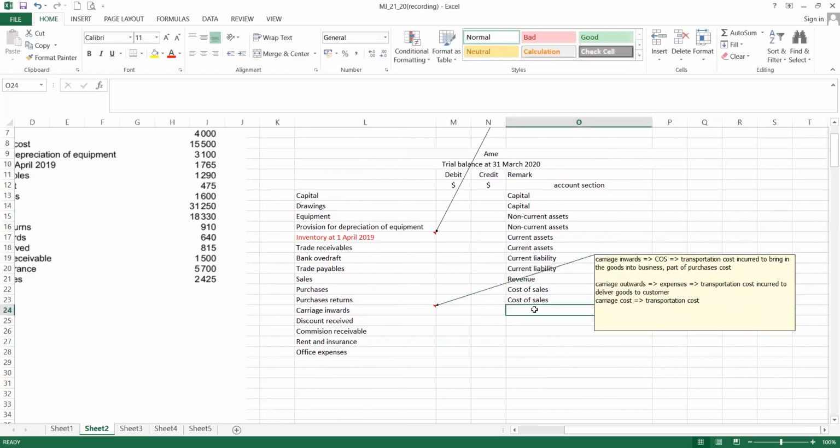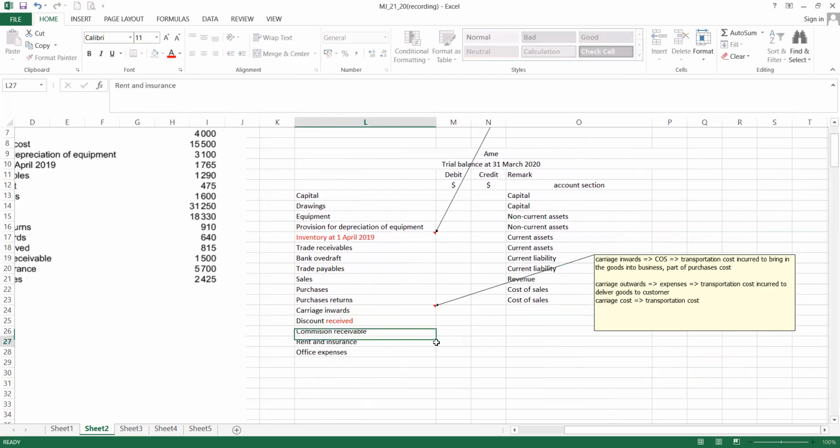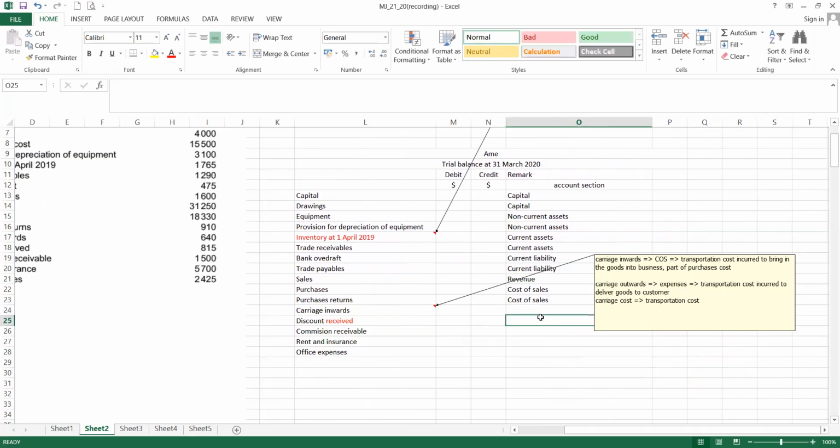Okay, now next, discount received. The word received at the back indicates to you that it is an income. So this one is under other income. Discount received, commission received, so long as you have received at the back, this is other income.